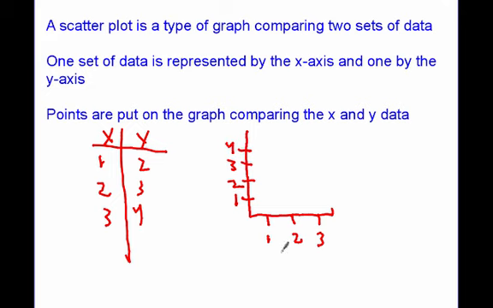Alright, this is my x, this is my y, and I just want to plot my data: 1, 2, 2, 3, 3, 4. That's all we're doing for a scatter plot, is we're plotting one set of data for x, one set of data for y.